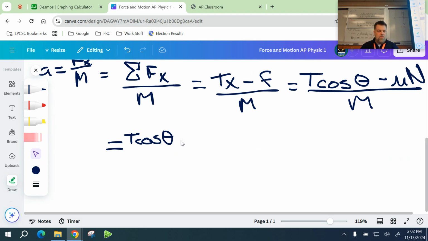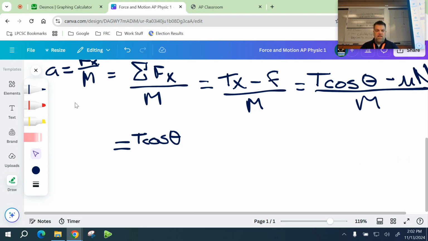So I've got T cosine of theta minus mu times, technically the normal force goes up and weight comes down. So really what I'm thinking about is what opposes what?